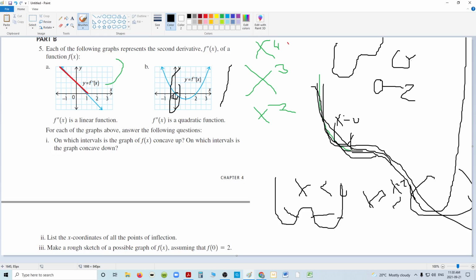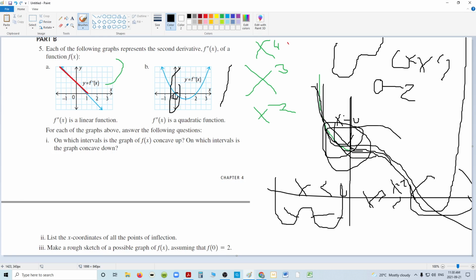So when 0 is smaller than x is smaller than 2, it is concave down. And then finally he says, where do the inflection points occur? Well, when x is 0 and when x is 2. And what might the graph look like? Well, it would look like this. And this part here would go through the y-axis. So this part here would be up above because they tell us f of 0 is 2.